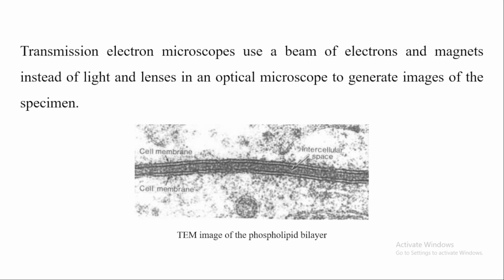In case of transmission electron microscopy also, the sample is fixed on a slide or some kind of surface, and then that slide is kept under the microscope, and the electrons are allowed to pass through that sample.